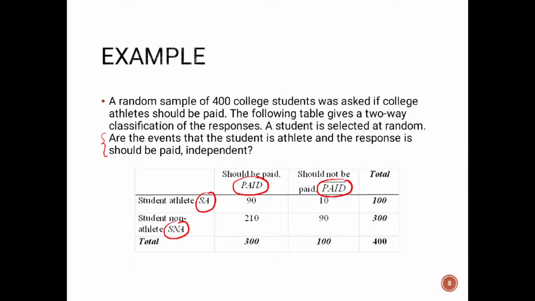The events that the student is athlete. Okay, event A adalah student is athlete, SA lah. Okay, ini event A. Okay, event B adalah should be paid. Maksudnya PAID ni lah.